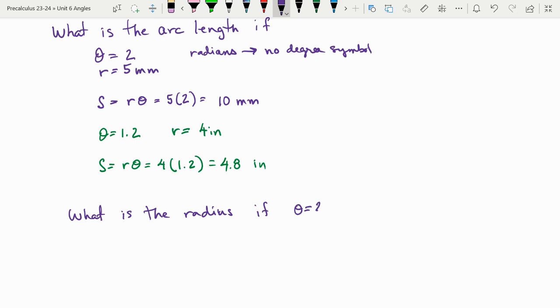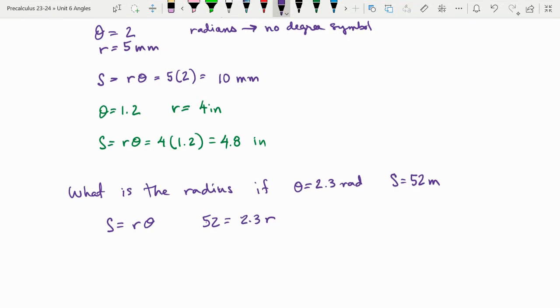If the angle is 2.3 radians and the arc length is 52 meters, I would like for you to pause the video and see if you can figure out what the radius is for this arc length. So if the arc length is equal to the radius times the angle, I know the arc length is 52 meters and the angle is 2.3 radians and the radius is unknown.